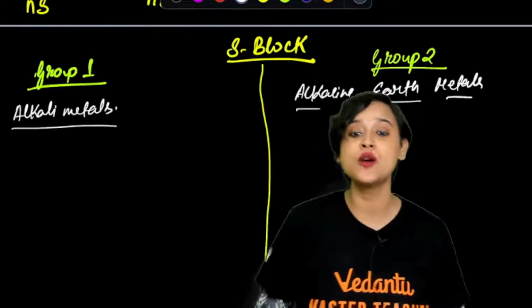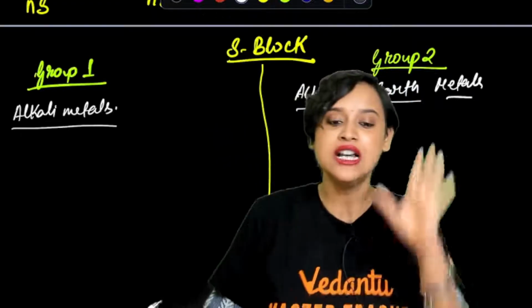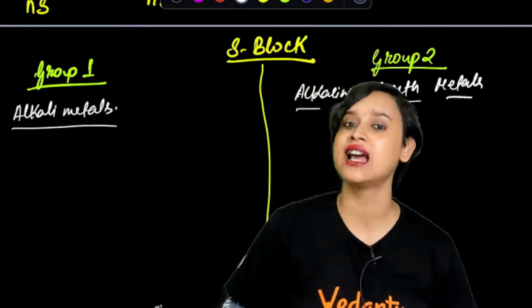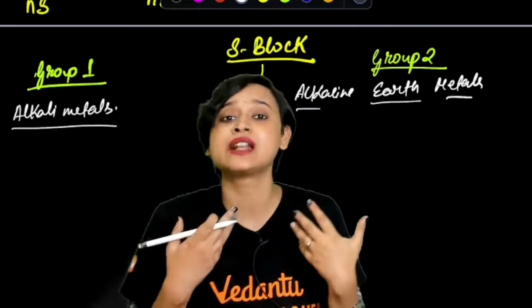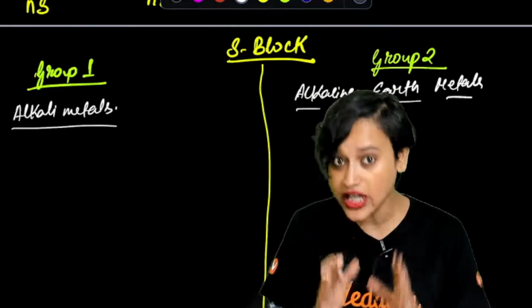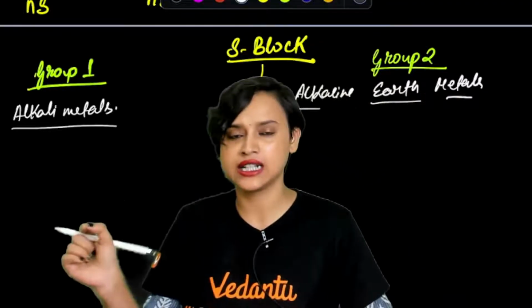Beryllium also forms amphoteric oxide. So my dear students, write it down that beryllium is actually not considered an alkaline earth metal, but since it is present in Group 2, we do study it with the Group 2 elements. However, it is not considered to be an alkaline earth metal.